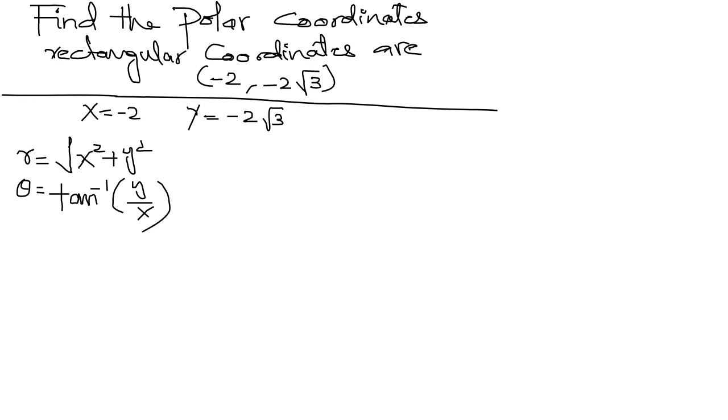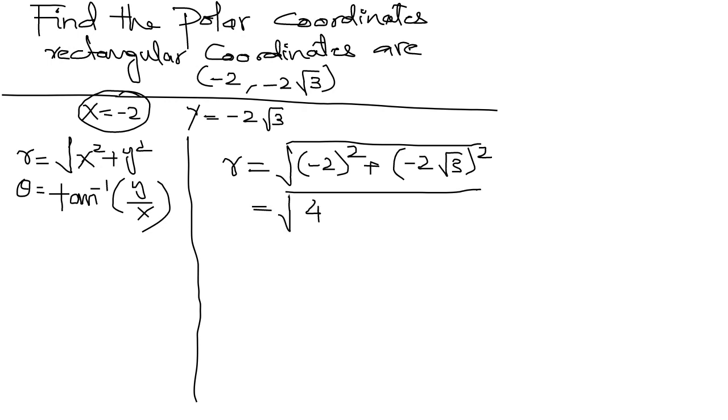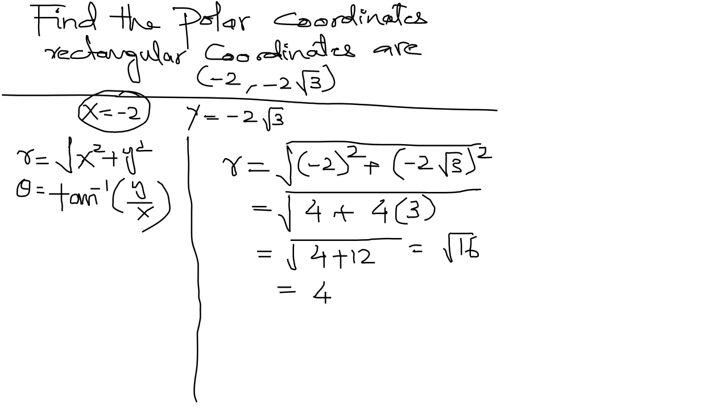Now substitute the values. r is equal to the square root of minus 2 whole square plus minus 2 square root of 3 whole square. Minus 2 whole square means 4. Square root of 3 whole square means 3, so 3 times 4 is 12. So that is equal to the square root of 4 plus 12, that is square root of 16, which is equal to 4. Okay, so r is 4.